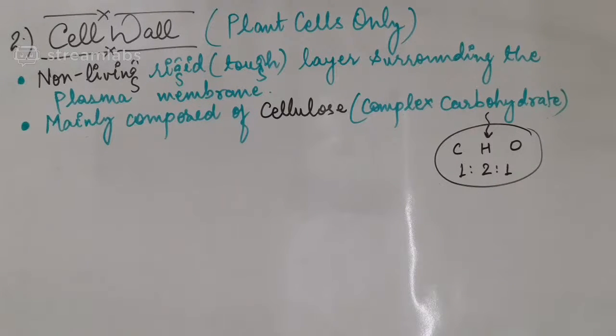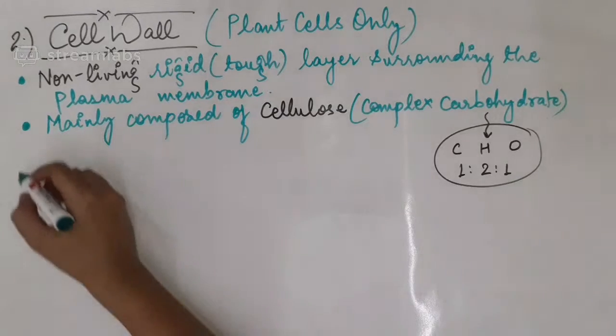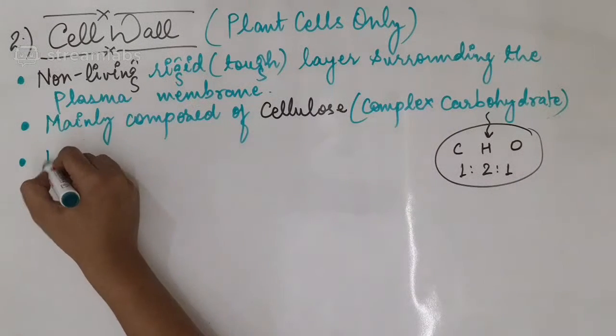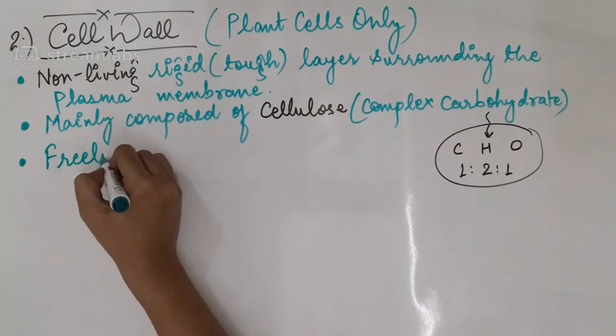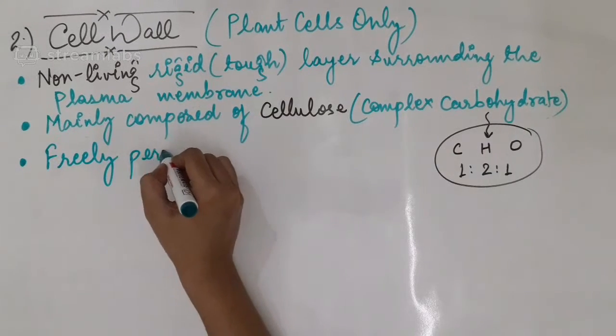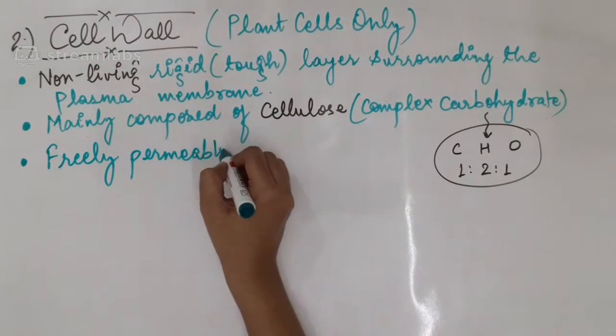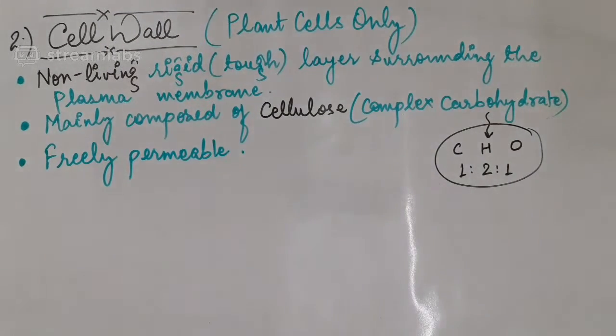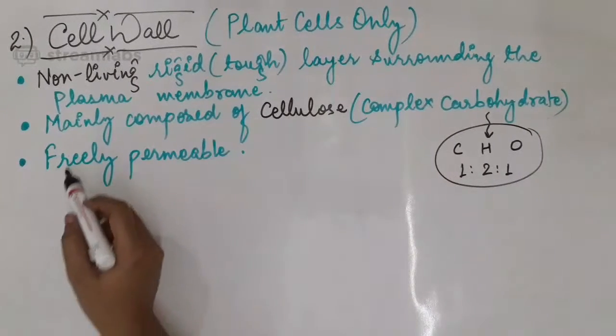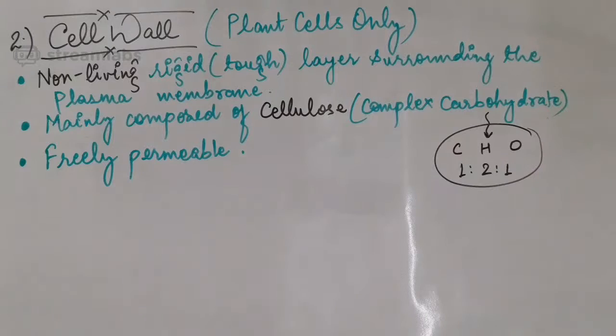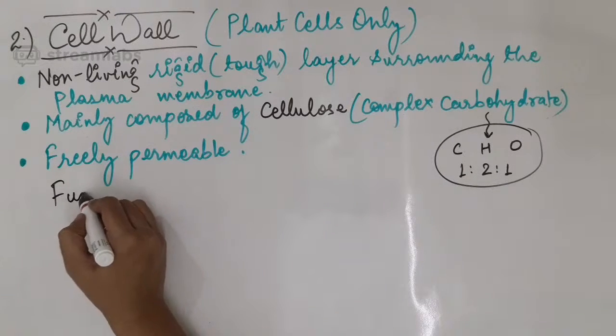The cell wall is freely permeable. That means it allows materials to pass through it very easily. Now, these are the characteristics or features of the cell wall. Now the functions.